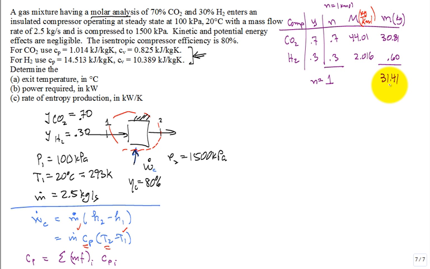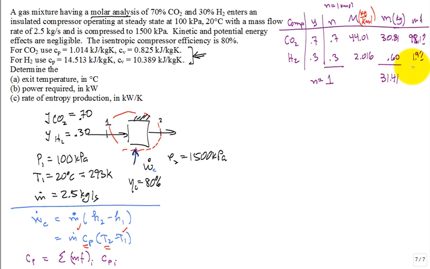True? And I could say the mass fraction of that mixture comes in where the vast majority, 98.1%, is carbon dioxide by mass. And only 1.9% by mass is the hydrogen. But look at the mole fraction. It was 70% CO2. Now it's 98.1% CO2, right?